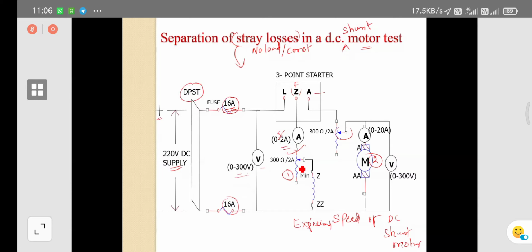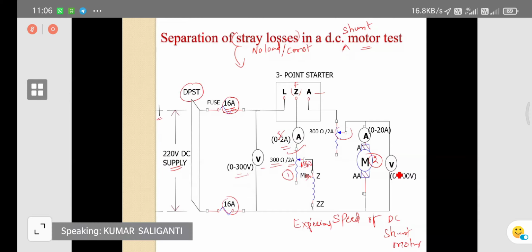This is the field rheostat. You have to keep the rheostat in minimum position, otherwise maximum. The rating is 300 ohms, 2 amps. And here also the rheostat position is minimum. I have kept it minimum. Why? Because I will tell you later.